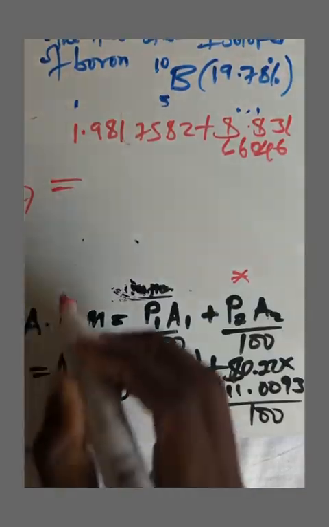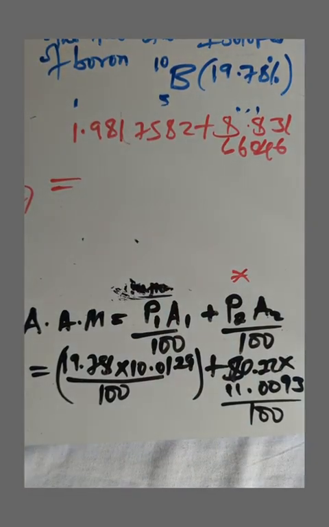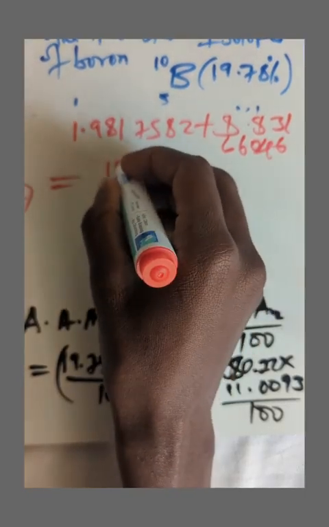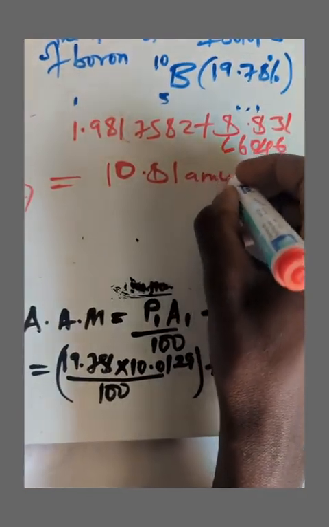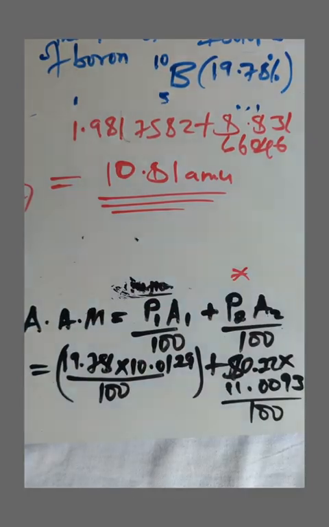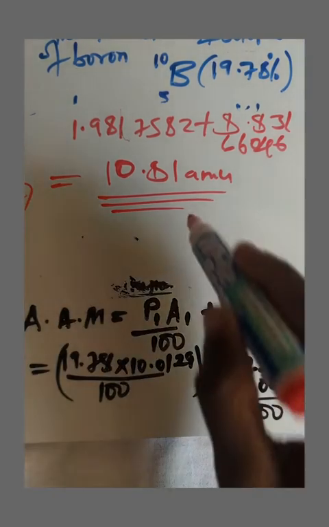When you add these, this is actually 10.81 atomic mass unit, which gives us 10.81 atomic mass unit as the average atomic mass of boron.